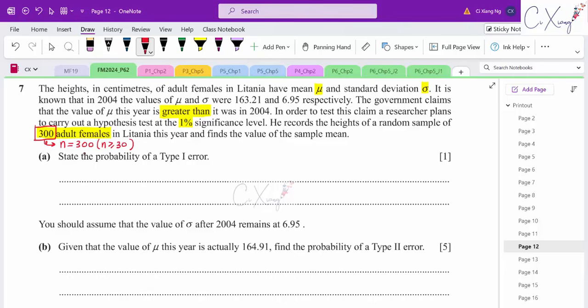No matter whether the original population is normal or not, when my sample size is large, the sampling distribution is approximately normal.